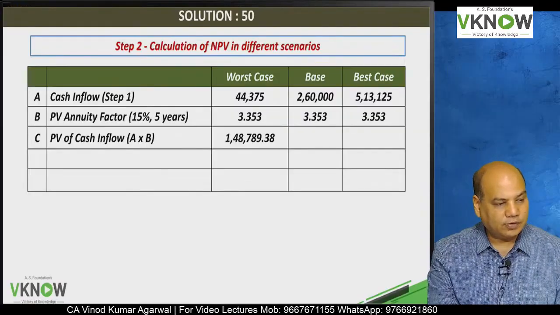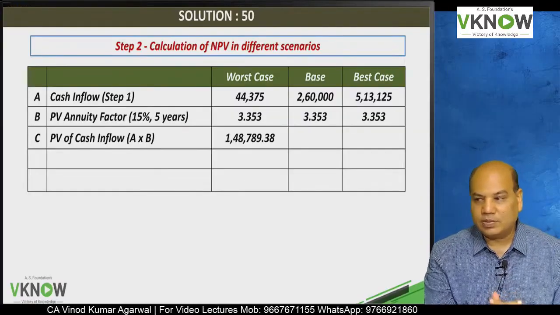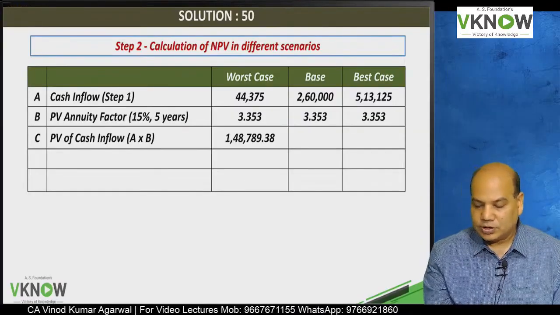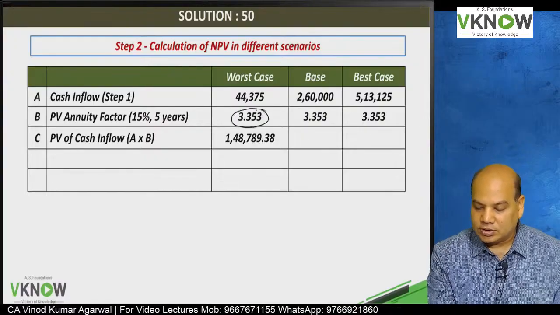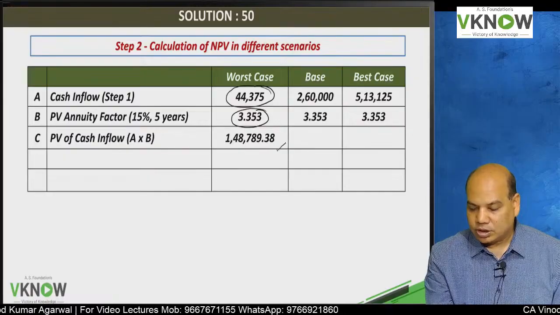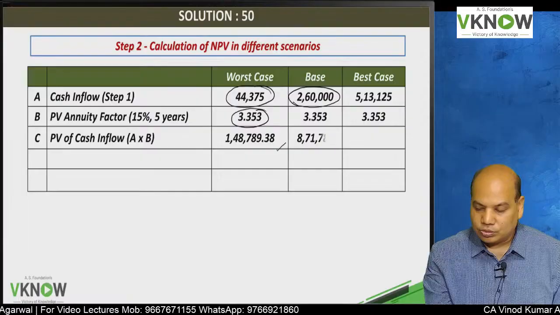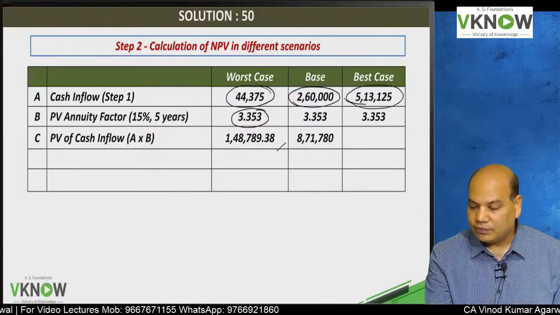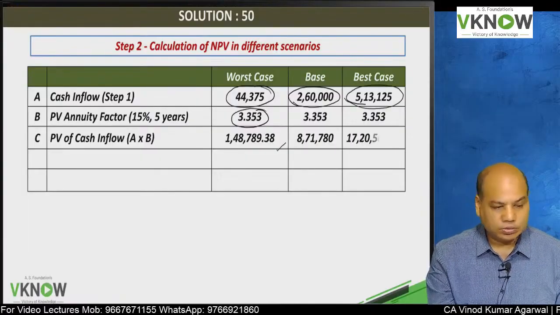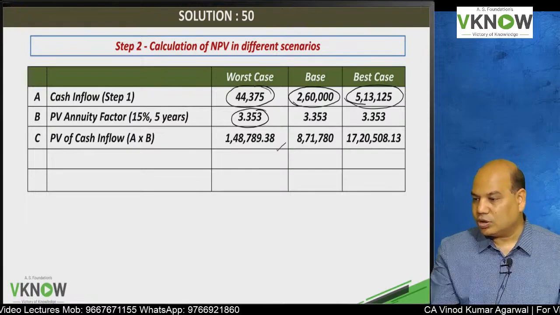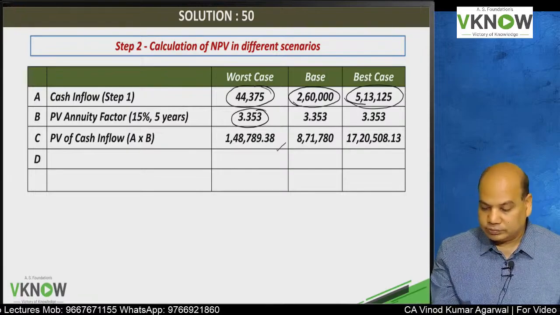PV of cash inflow is A multiplied by B. First number, type 44375 equal to. Now just type 2,60,000 equal to. Just type 513,125 equal to. You can round off the numbers if you want.